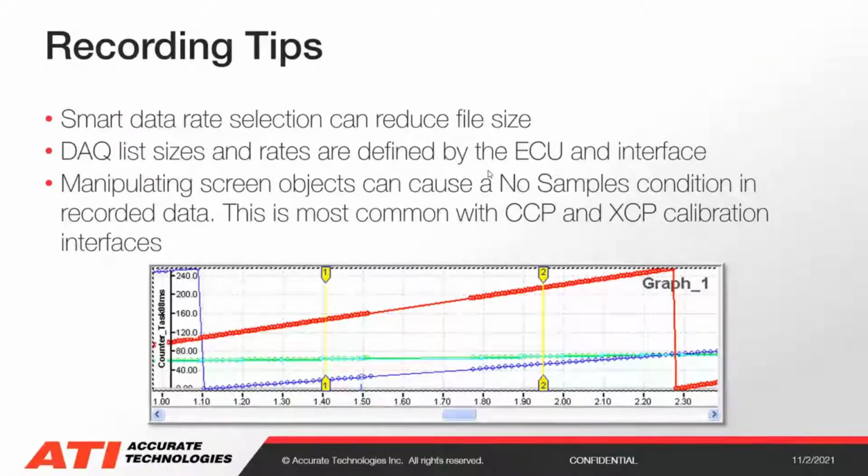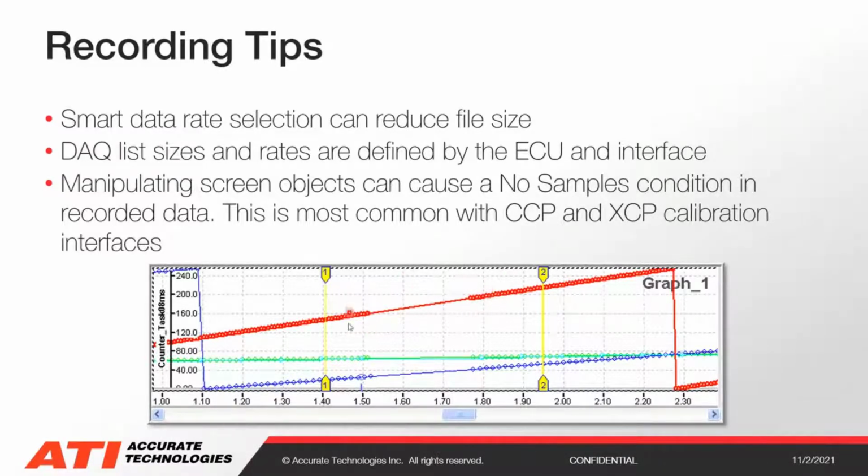And if you were to re-enable that data list, unmaximize it, or start a recorder or something like that, Vision is going to have to rebuild that DAC list in order to start acquiring that data. And that is the gap that you see here. That's about 300 milliseconds worth of time being used to rebuild those DAC lists.